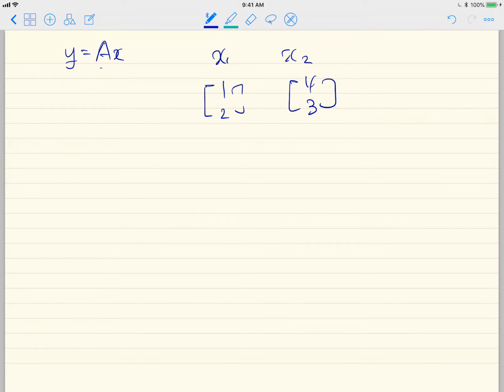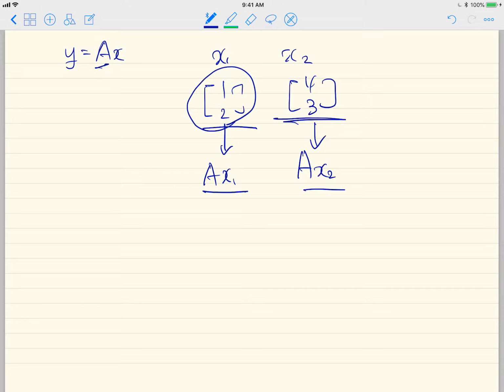If your matrix A is an orthogonal matrix, we can think of their transformation, and the vector length of these two will still be the same as the vector length of the original vectors. We can also think of the angle between any given two vectors, and these angles will also be preserved, okay?